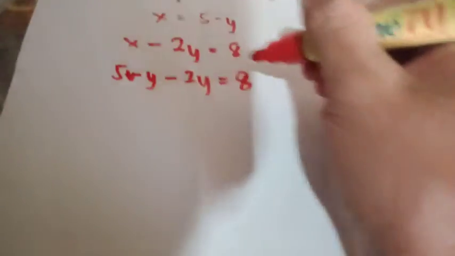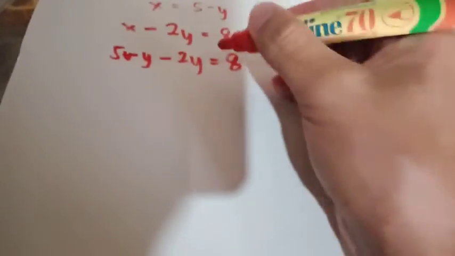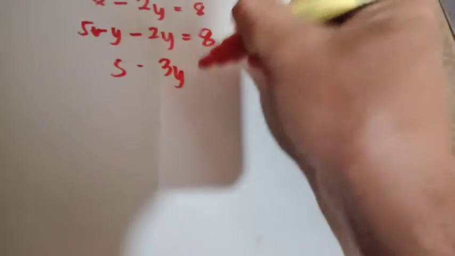So we have 5 minus y minus 2y equals 8. Then we just have to simplify. 5 minus 3y equals 8.